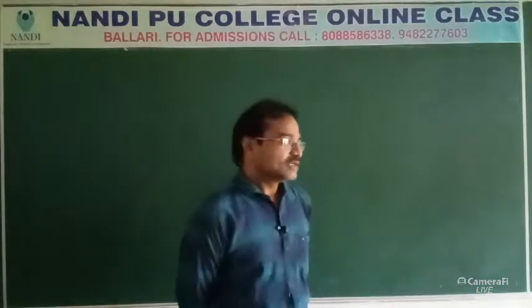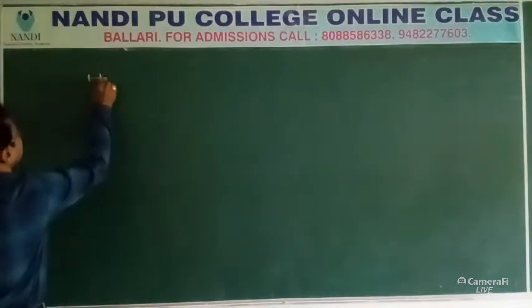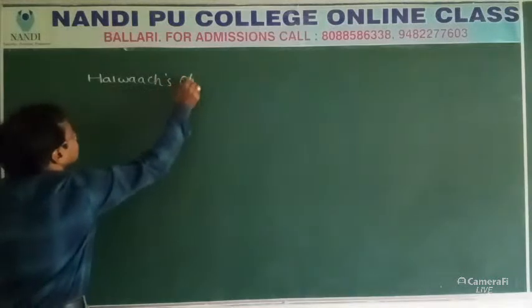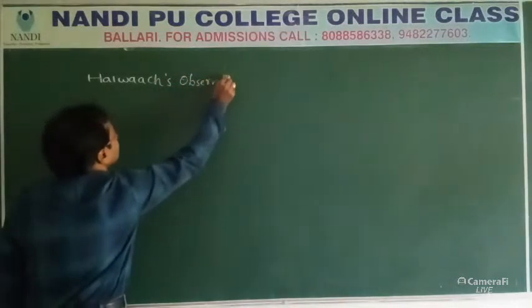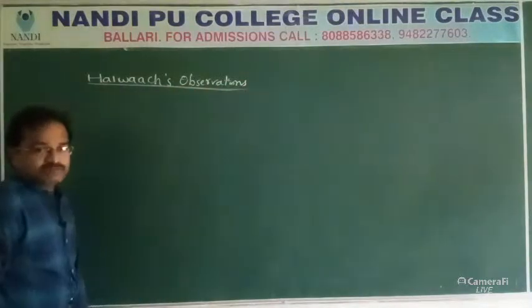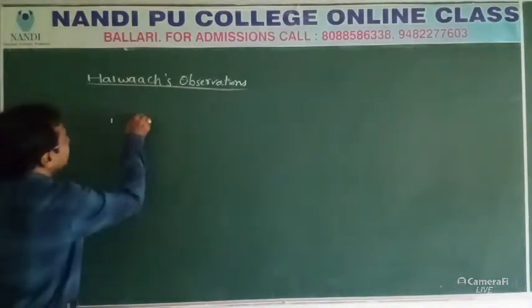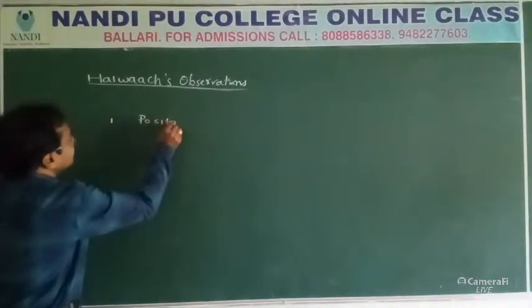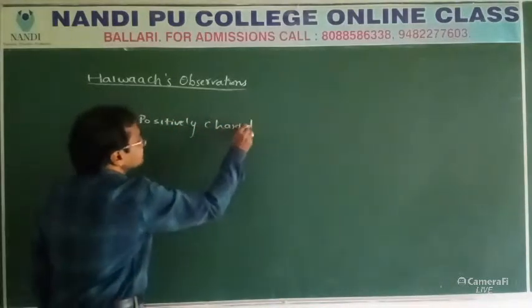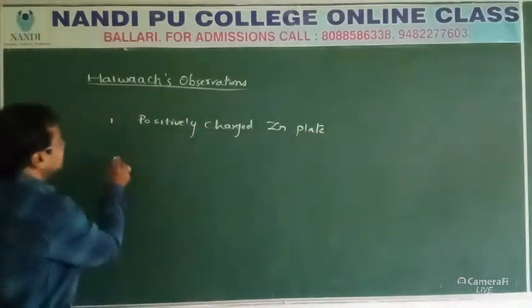In Hallwachs' observations, three observations are there. One, a positively charged zinc plate is taken.